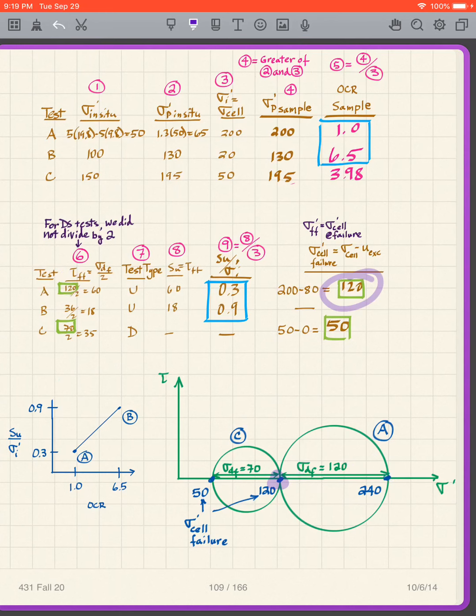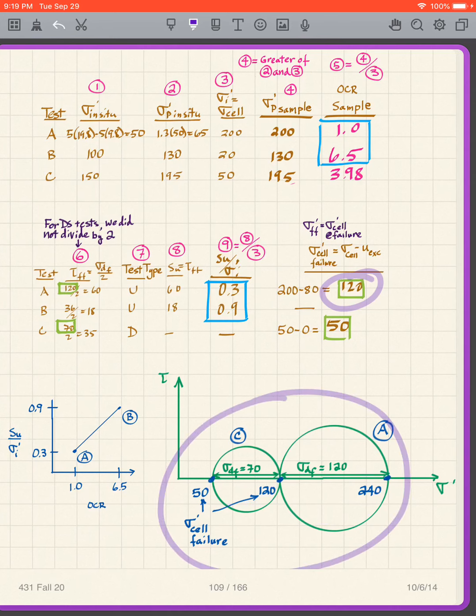So I've got this point, and then that point, and that point. So I get a circle here, and I get a circle here. I can draw them, and I know what the radius is, I know what the diameter is, I know where they're located and everything like that. So I now have my two circles.